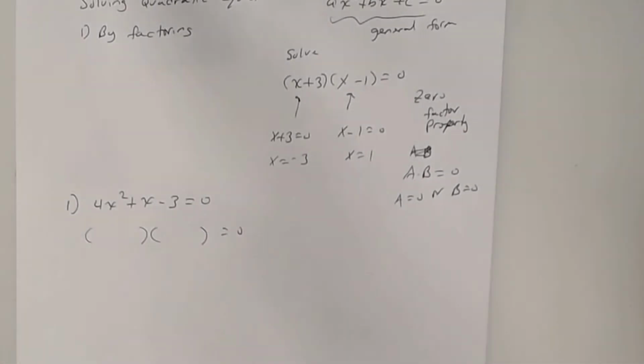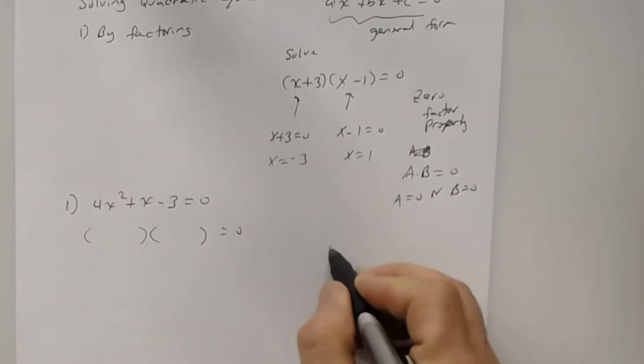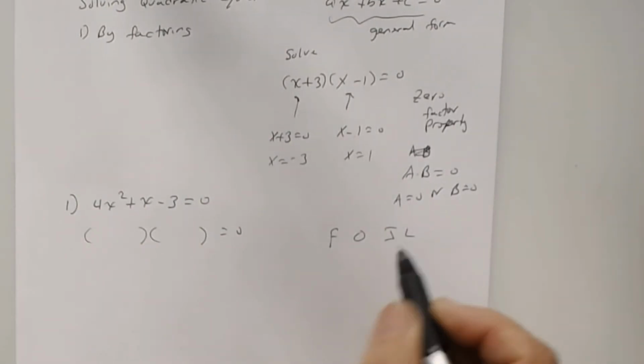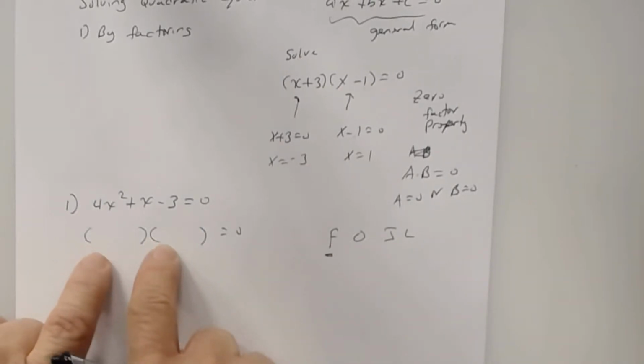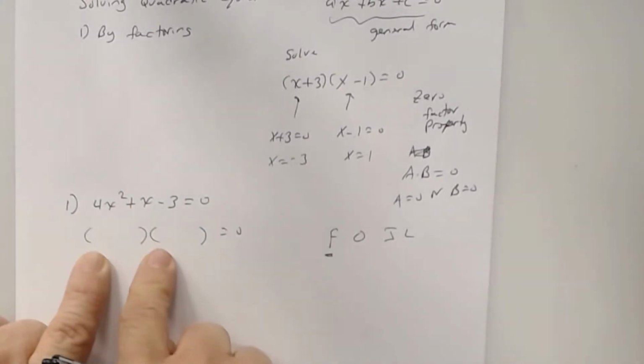If it says solve by factoring, it means it is factorable. So go directly to the 2 binomials. Now remember, that's where you did the reverse FOIL. You can use the idea of FOIL. So what you do first is look at F. You want 2 things whose product is 4x squared.